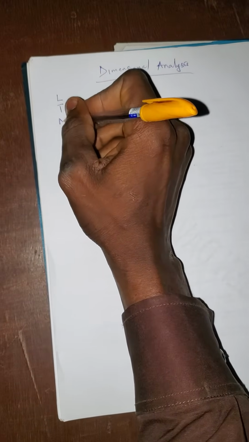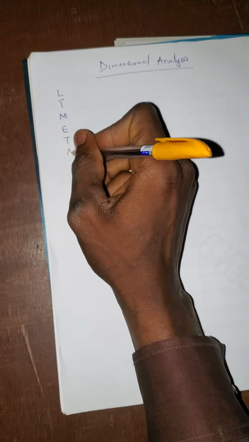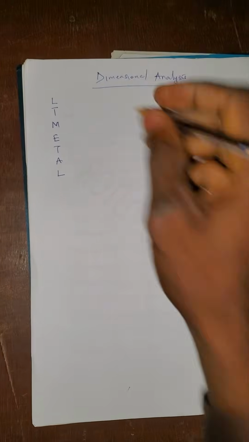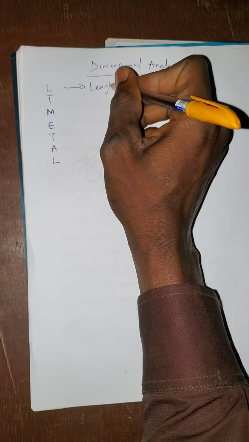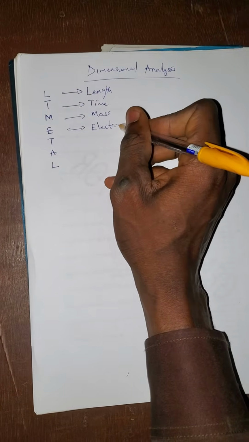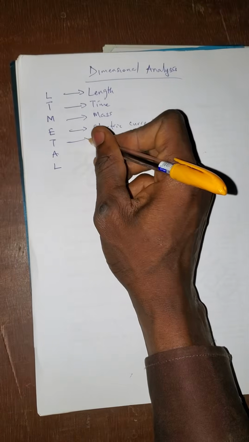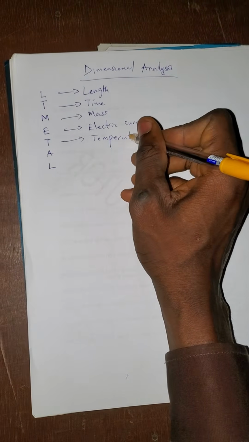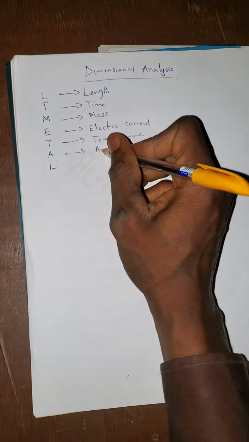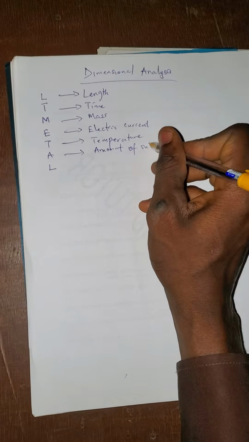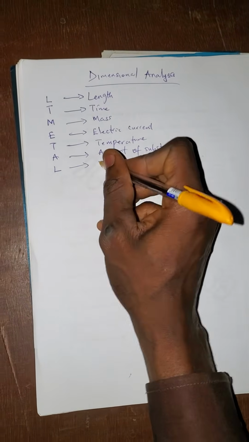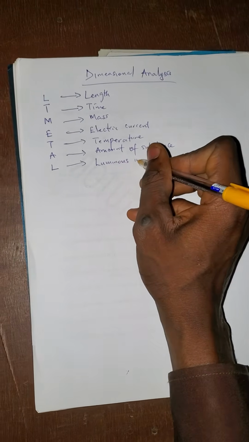Now, if you are talking about the fundamental quantities, don't forget the fundamental quantities, we have them to be L, T, M, I, K, N, G. These are the fundamental quantities, in which L stands for length, T stands for time, M stands for mass, I stands for electric current, the temperature is K, N stands for amount of substance, and G stands for luminous intensity.